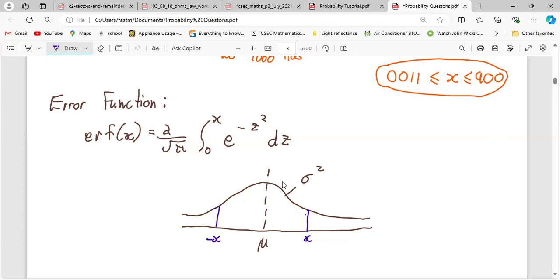So if we use this as 0, set on mu, any probability will be in between here. That is where the integral came from, because you want probability. So it will be 0 to x, which is this piece here. And because it's symmetrical, you also have this piece. But the good thing is, once you have this area, you can just multiply it by 2. So that is where this 2 came from.